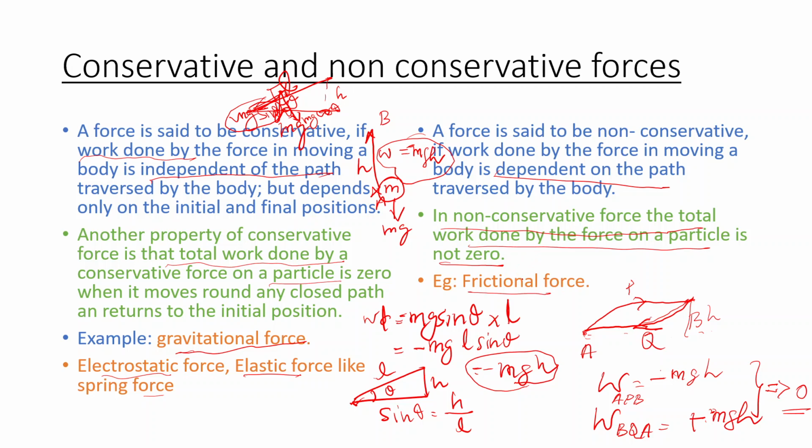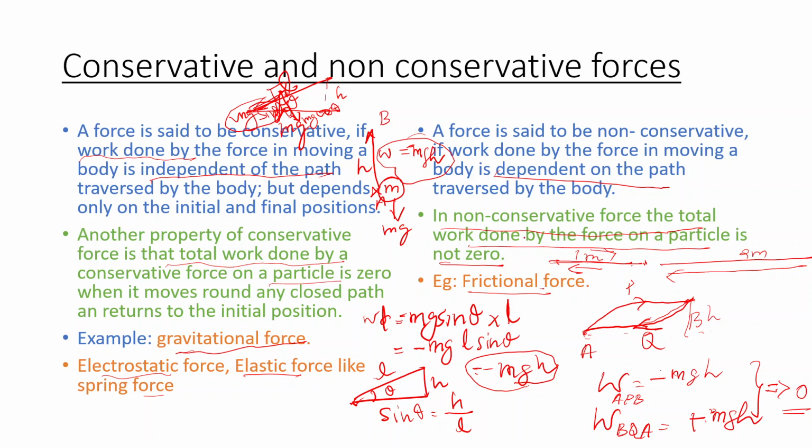As you know, it is a resistive force which acts opposite to the movement of the body. If a body is covering a 1 meter path, there is a certain amount of friction, then if the body is covering a 2 meter distance, the friction will increase to its double. So that is the reason why we say the frictional force is a non-conservative force.